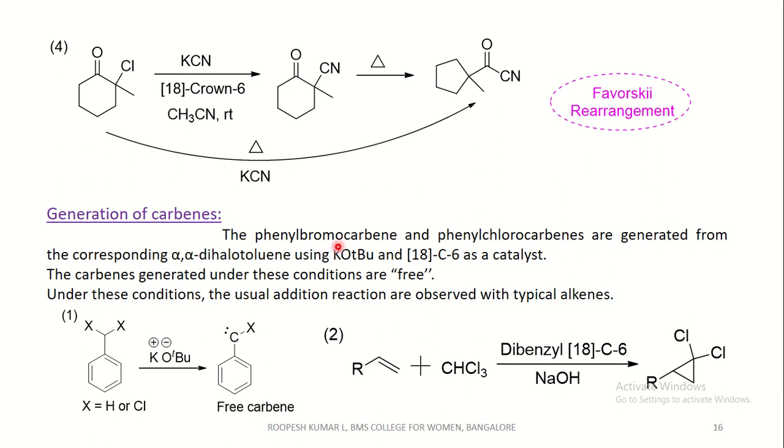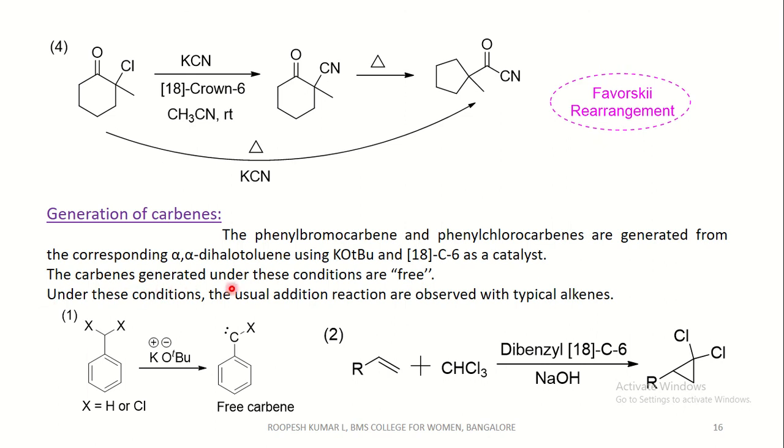That is, the phenyl bromocarbene and phenyl chlorocarbene are generated from the corresponding alpha,alpha-dihalotoluene using potassium tertiary butoxide and 18-crown-6 as a catalyst. Here crown ether is the catalyst, whereas in the previous classes I have taught you about PTC as a catalyst.